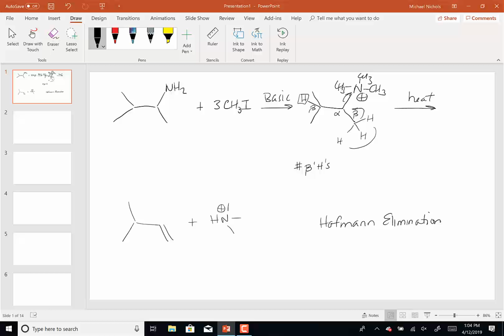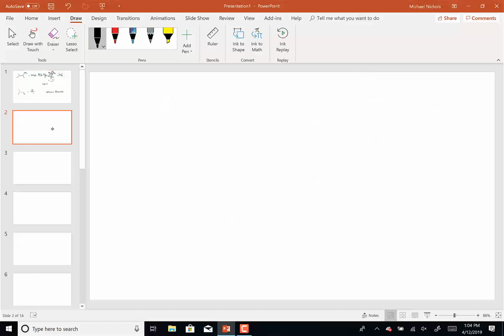Then the second amine elimination also produces the least sterically hindered, or least substituted double bond. And so same molecule. I'm going to start with my amine, only this time I'm going to alkylate it twice.